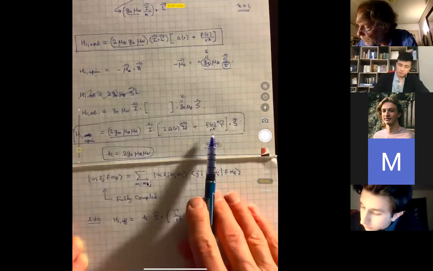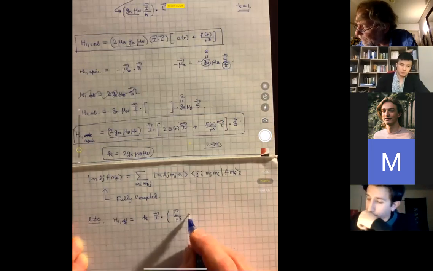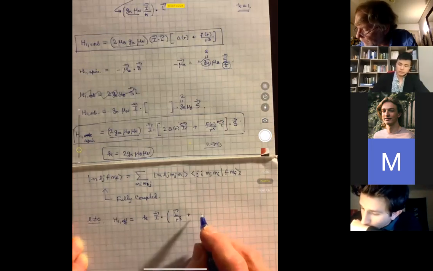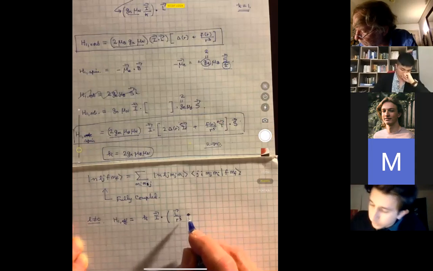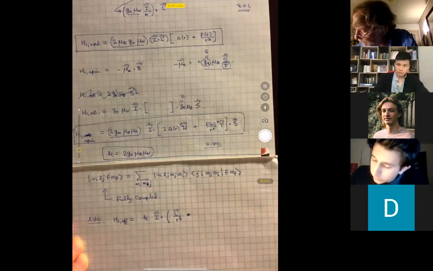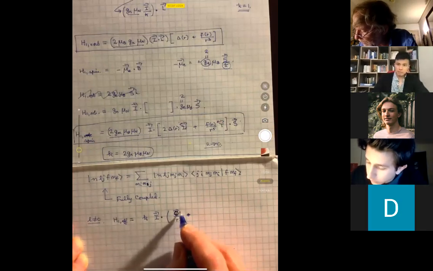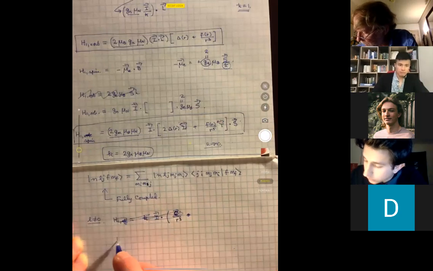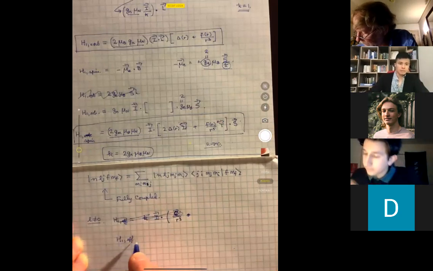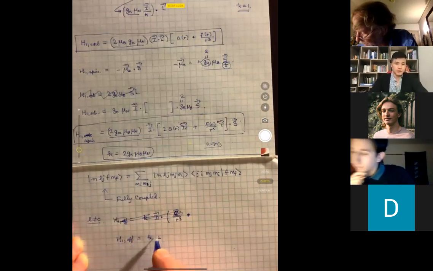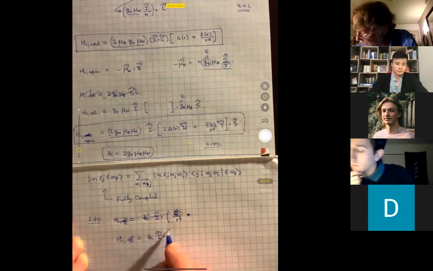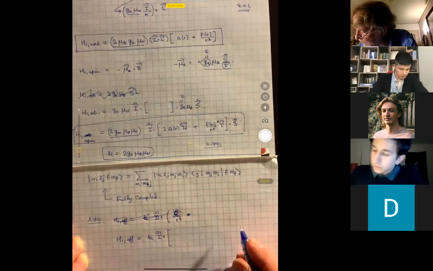For the spin part, we get a plus this. Let me do it right. Let's do H1 effective. We'll write it as K, then I dotted into, I on this side.